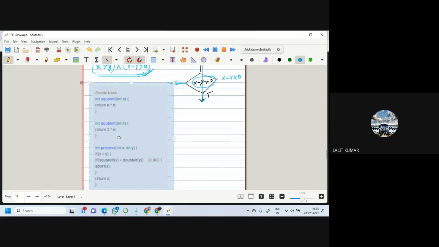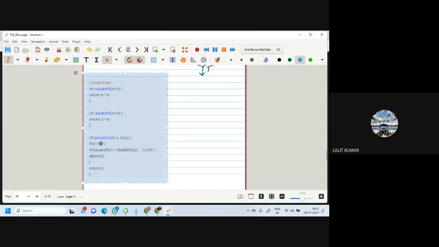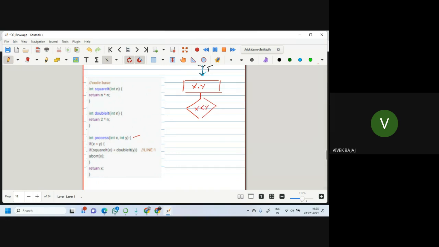Okay. This is an example. So we'll have x and y as my values. Then we go to the first decision, x less than y. That can be false, then we get nothing.